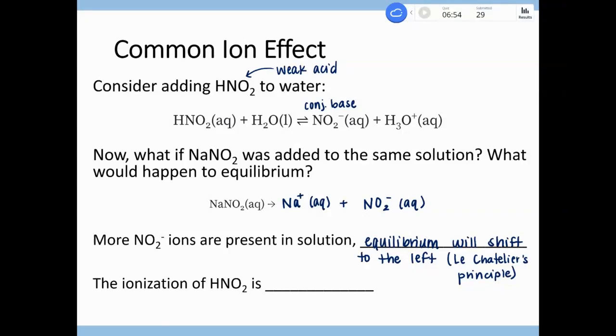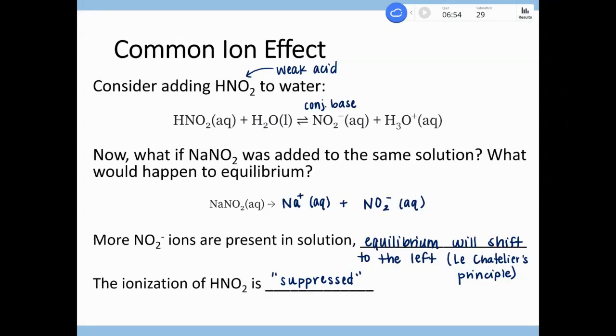So I was at the end of chapter 15. So equilibrium shifting to the left, we can say HNO2 ionization is suppressed. So there's both HNO2, the weak acid, and NO2 minus, the conjugate base, both present in solution.